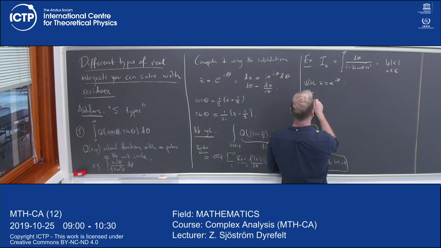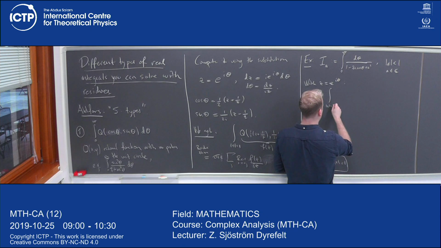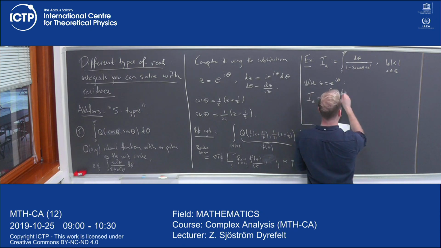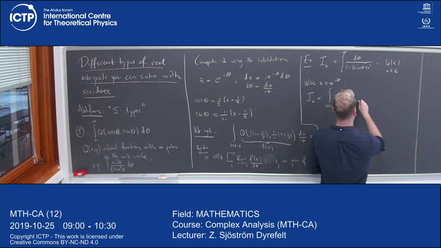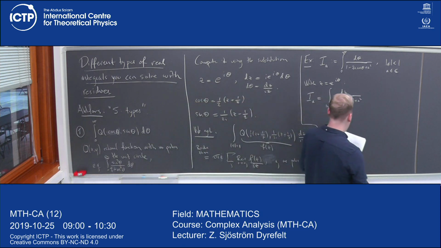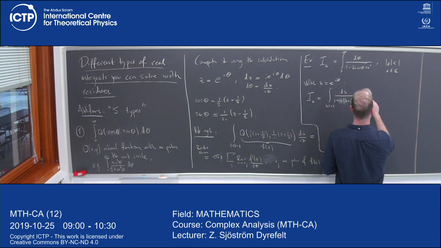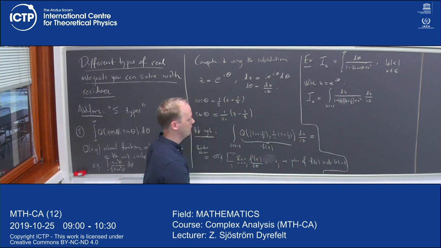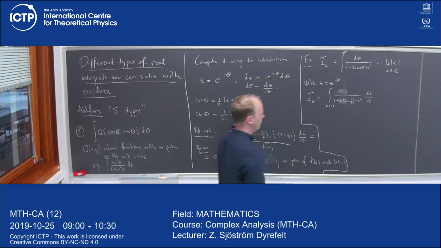So I of a is equal to the integral along the unit circle of dz over 1 minus 2a times 1/2 (z plus 1 over z) plus a squared, and then dz over iz. I should not forget that.